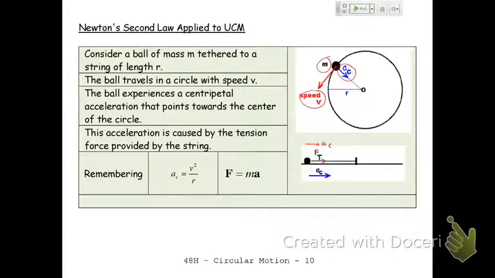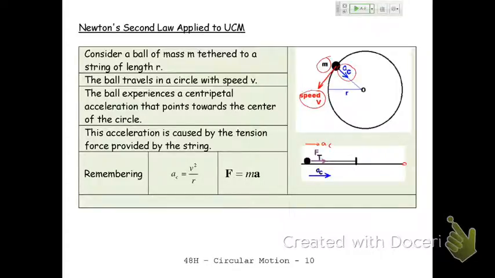If you happen to draw it in the other direction, then your forces are negative. If you're careful about your signs, it'll be fine. If you're not careful, you might get away with it. But I want you to be careful about your signs. So watch out for that. So I might draw it with the mass over here.